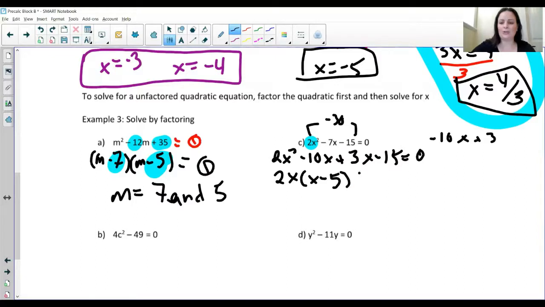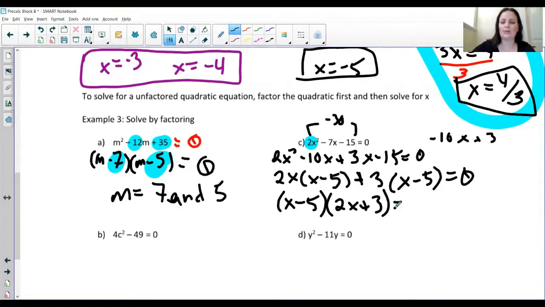Factor out each group, copy down the symbol that's in front of the third term, and you get your factored form of x minus 5 times 2x plus 3 equals 0.